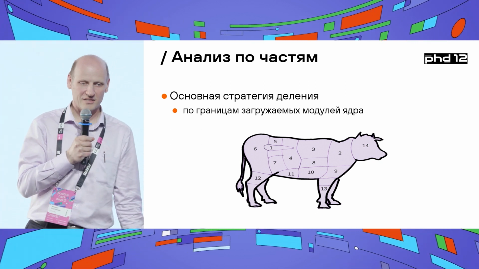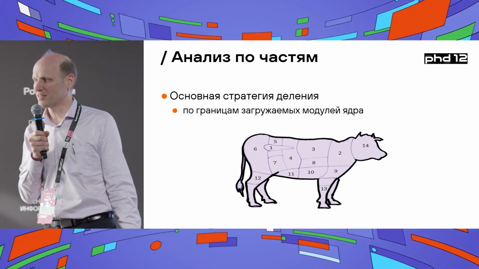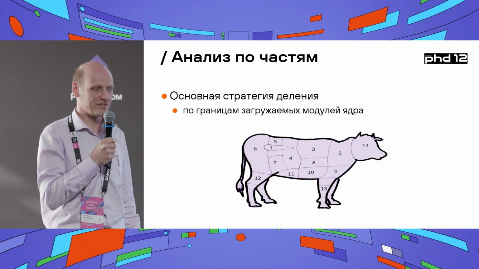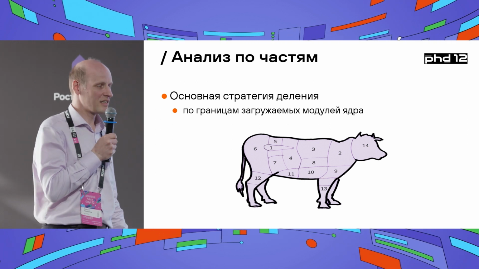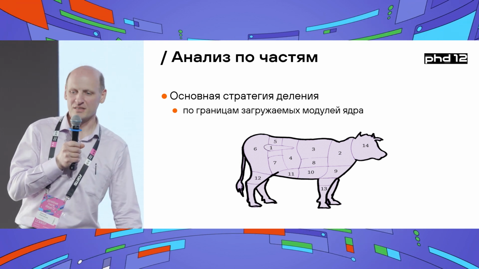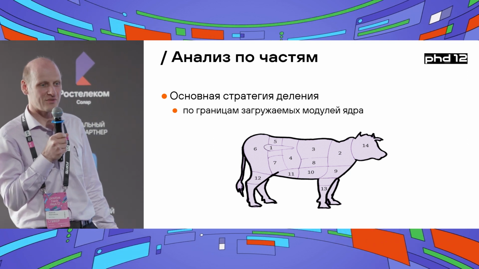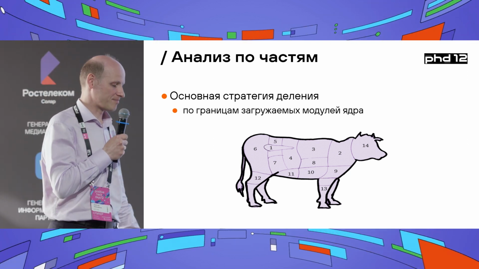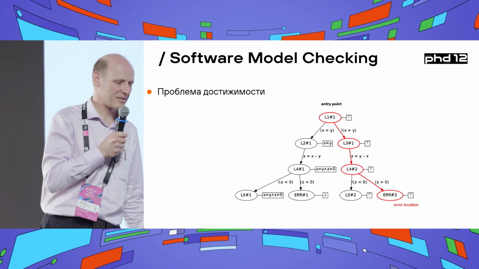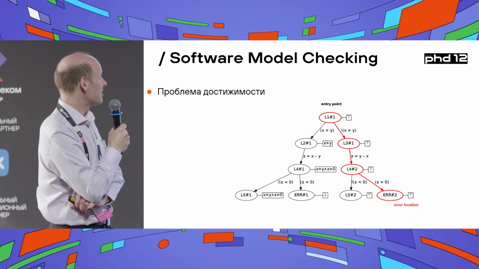If we try to apply that tool to the operating system kernel as a whole, nothing will happen. We have to find realistic pieces and analyze them piece by piece. For a kernel, we can divide it by the borders of the modules, but actually sometimes we have to take several modules at a time. So that's what we did.